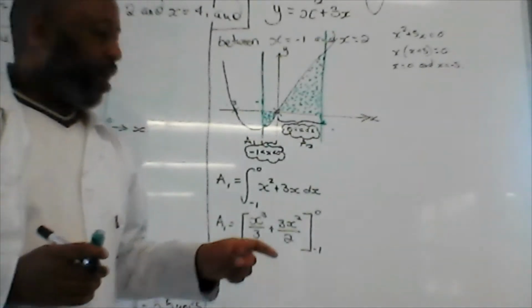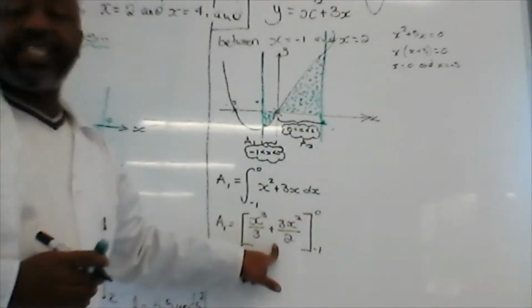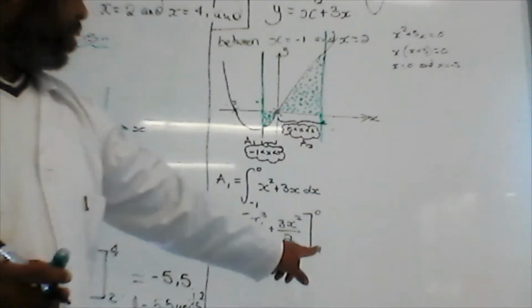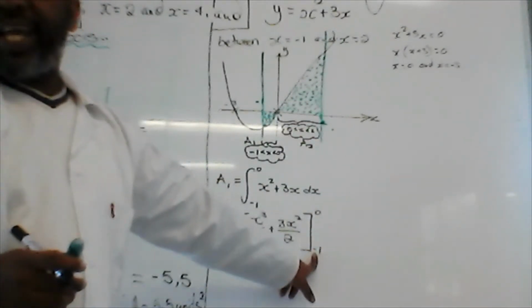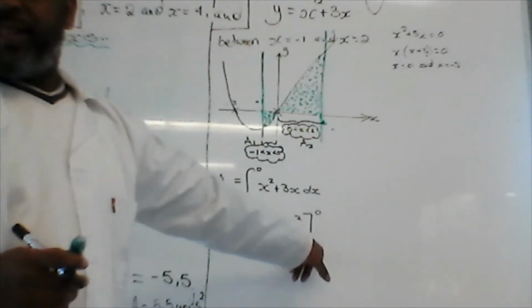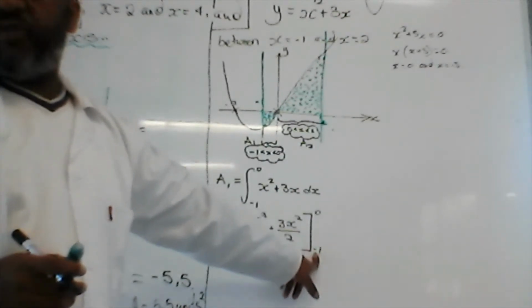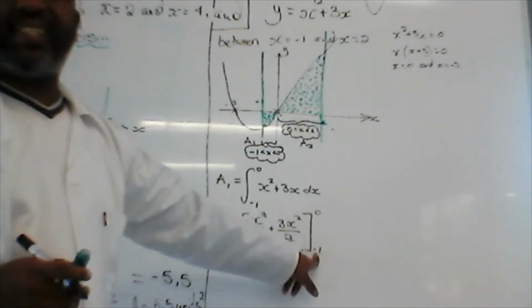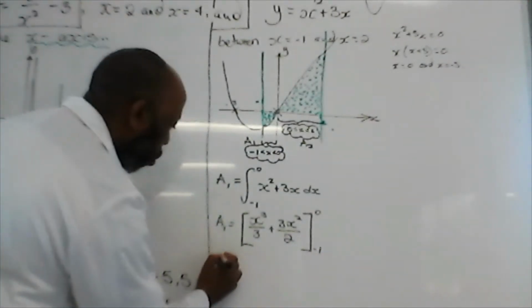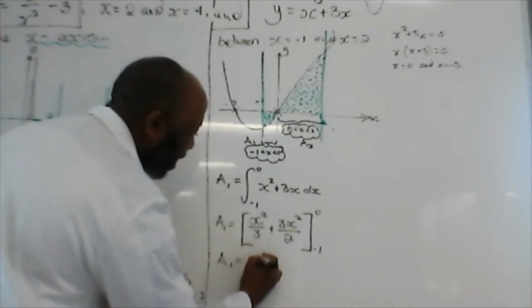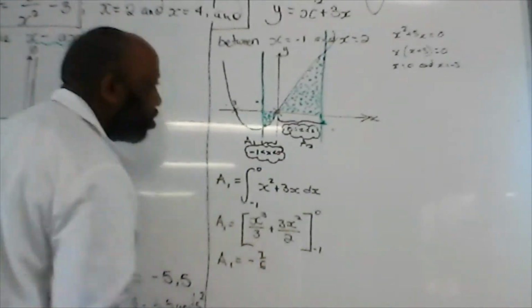Work that out. That's going to come out as 0 if we substitute that into there. And the second one, if you substitute -1 into that, that is going to come out as 7/6. So we've got 0 minus 7/6. So area 1 is equal to -7/6 units.